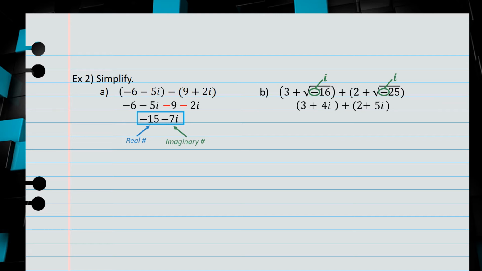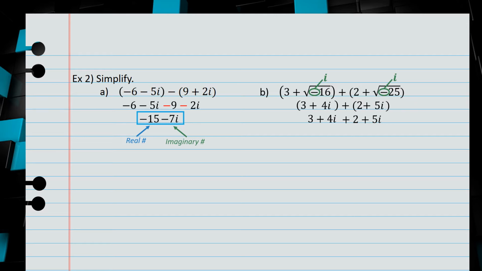In front of the first parenthesis set, there is no value that needs to be distributed, so we can write that without the parentheses and leave it as 3 plus 4i. The second set, we look directly in front of it. Because it's a plus, or a positive, that means there are no sign changes and there's nothing to distribute. So again, we can remove those parentheses and leave it as 2 plus 5i.